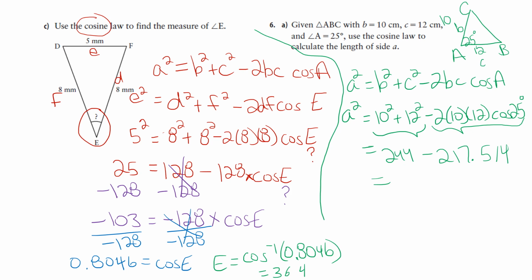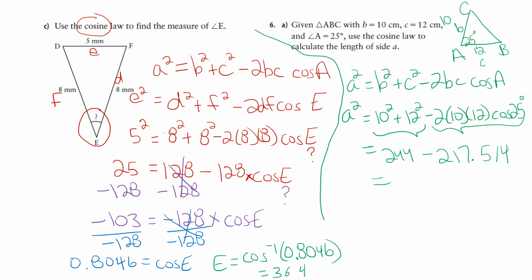And there's just one little final step you have to make sure you don't forget to do at the end. Because right now we're actually just solving for a squared. So we're going to have to get rid of that little squared symbol on the left side of the equation.